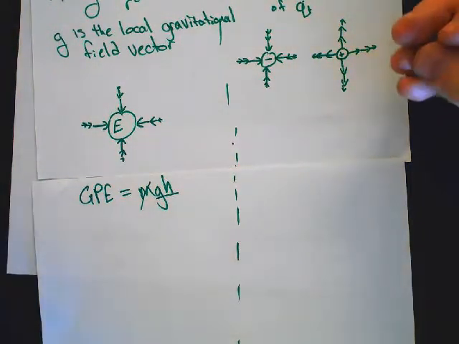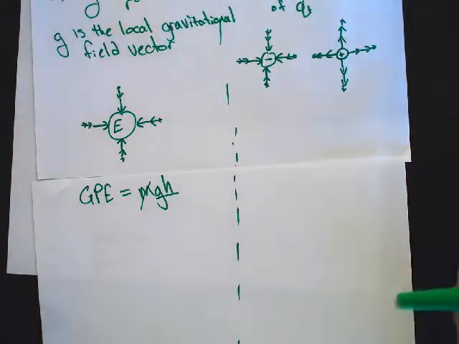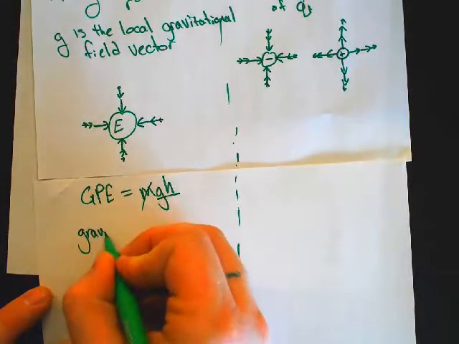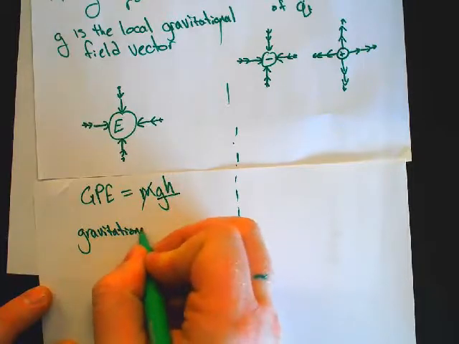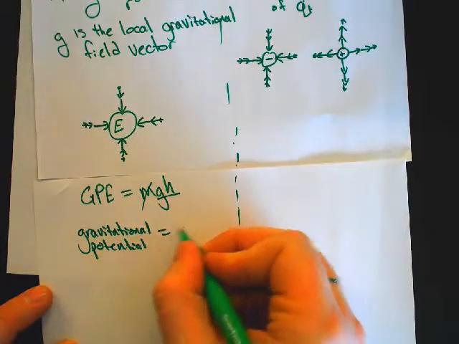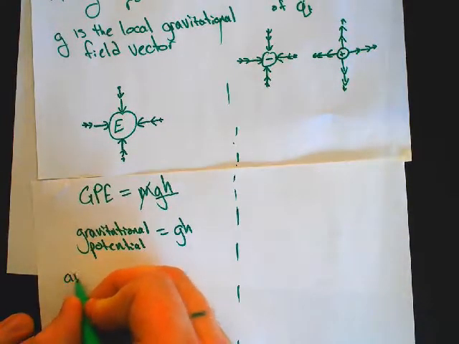gh can also be talked about as gravitational potential. Note, I did not say gravitational potential energy. I said gravitational potential. So gravitational potential, which is equal to gh, is the amount of energy an object would have per kilogram of the object.